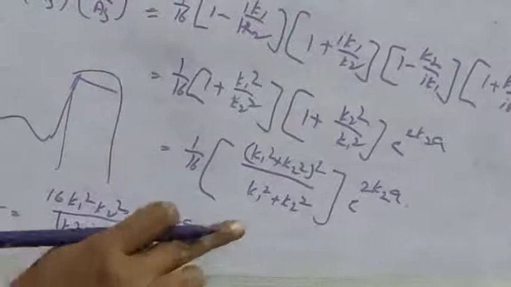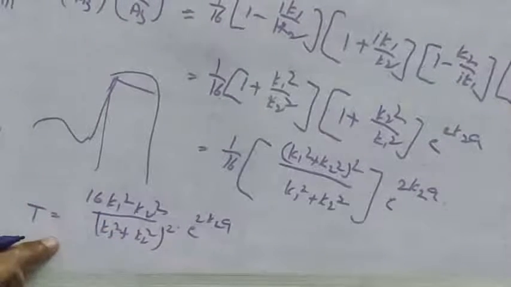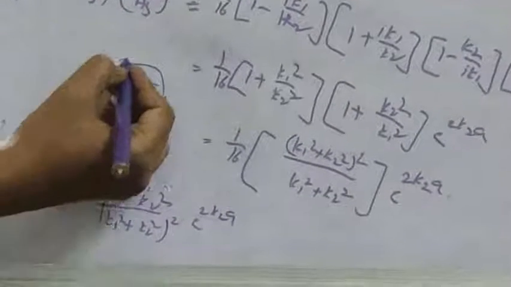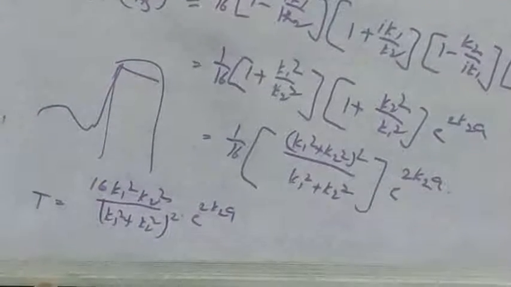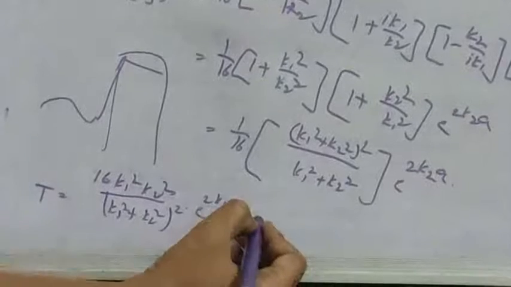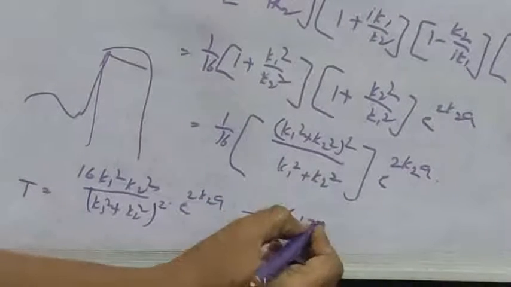So this is the transmission probability for the particle to overcome the barrier height. Consider this as equation number 17.